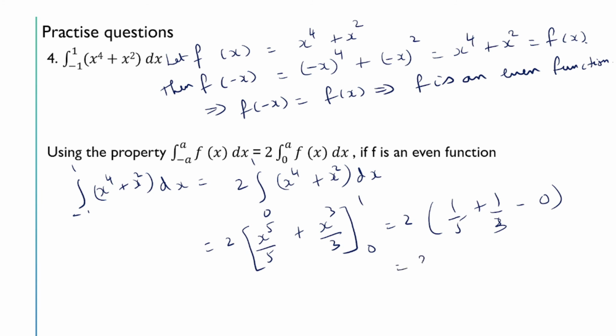So it is equal to 2 into, when we take the LCM it is 15, so it is 3 plus 5 upon 15, which is 8 by 15. So this is equal to 16 by 15. So integral minus 1 to 1 x raised to 4 plus x square dx is equal to 16 by 15.